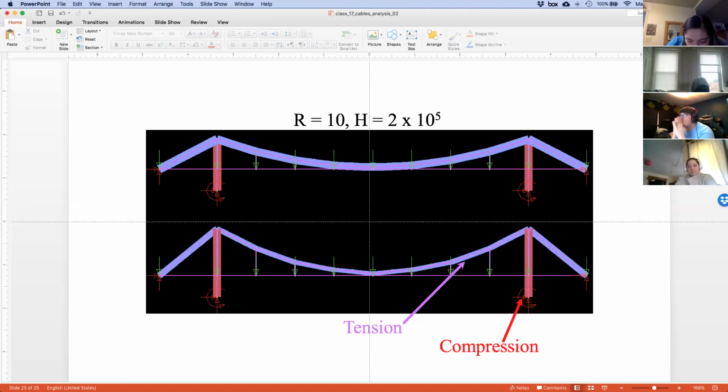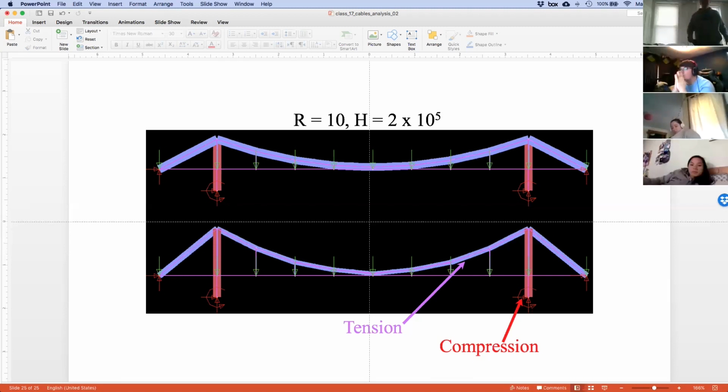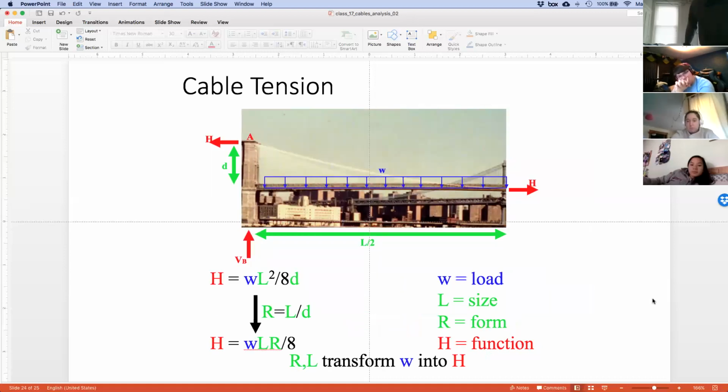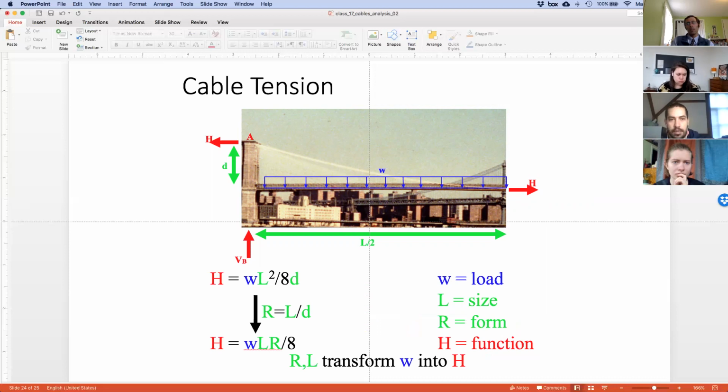Yes, Hernan, feel free to go ahead and unmute yourself. Yeah, thank you, Professor. My question is about the self-weight of the cable. Previously we also saw how important the weight in the cables could be, and how important it will be, for example, to consider that self-weight of the cable in our calculations.